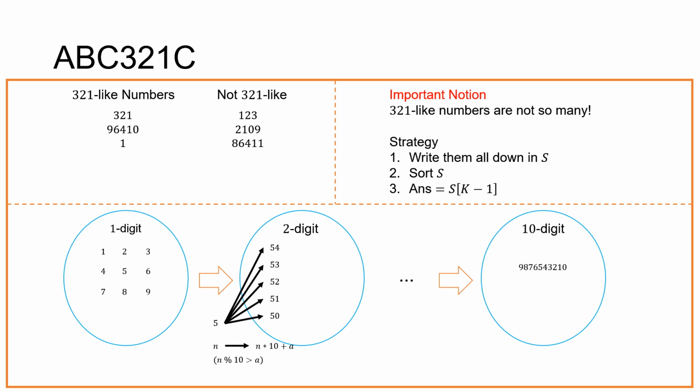Then, to get two-digit numbers, we try every pair of a one-digit 321-like number, which is n here, and a one-digit number for the ones place, which is a, and just concatenate n and a like this. This generates all the 321-like numbers with two digits. So try it up to 10 digits, and finally we get all the 321-like numbers. Then I will end the explanation of problem C.